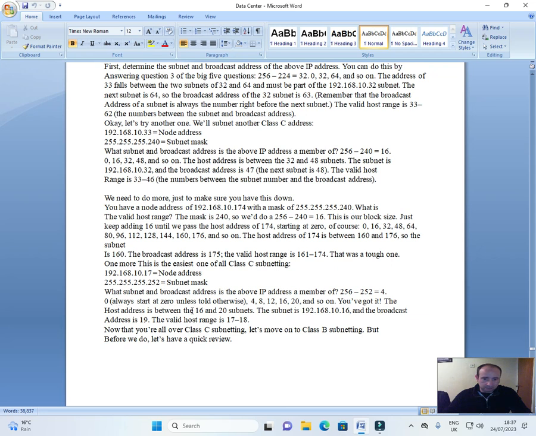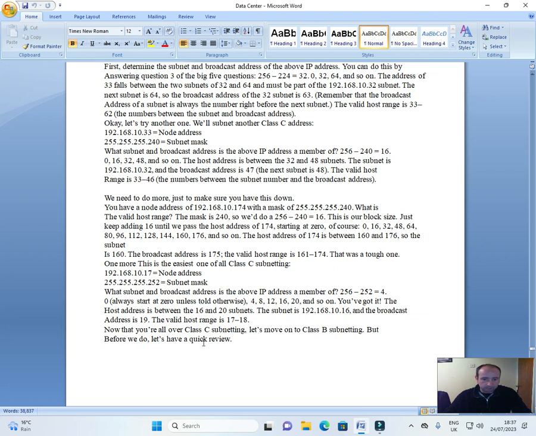Always start at 0 unless told otherwise: 4, 8, 12, 16, 20 and so on. You've got it. The host address is between the 16 and 20 subnets. The subnet is 192.168.10.16 and the broadcast address is 19. The valid host range is 17 through 18.